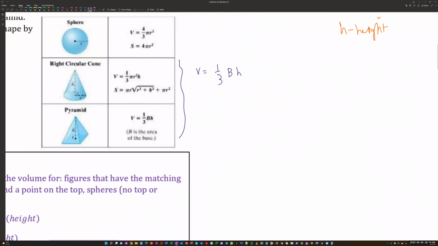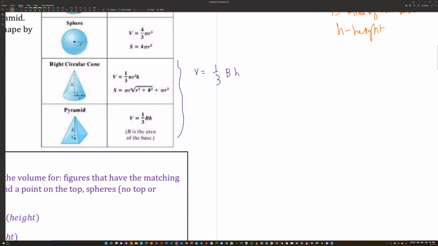All right. This part, I don't know if they're gonna make you do this or not, but let's just do it just in case. So the base here is pi r squared. This I would just memorize. If you draw this thing, and this length right here is r, that length right there is h.